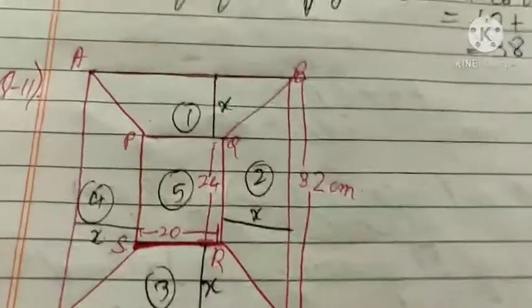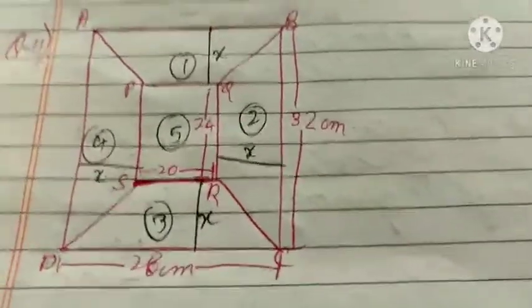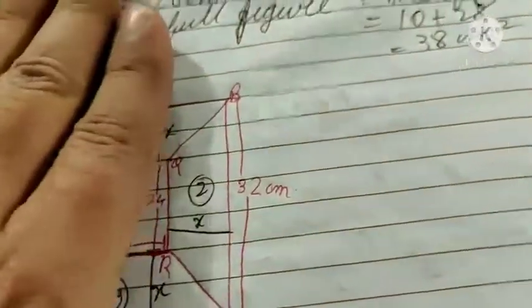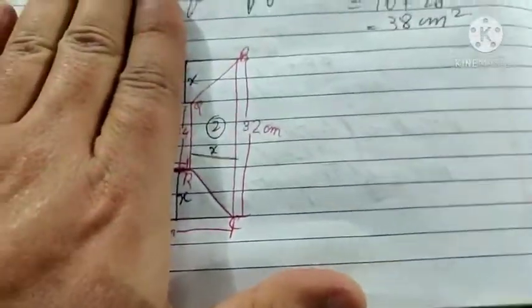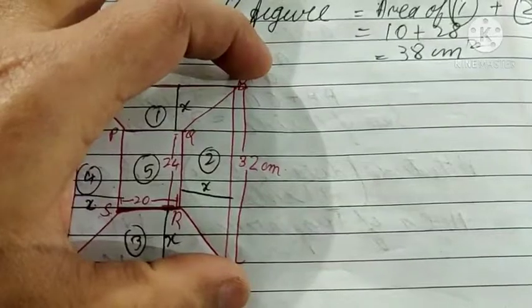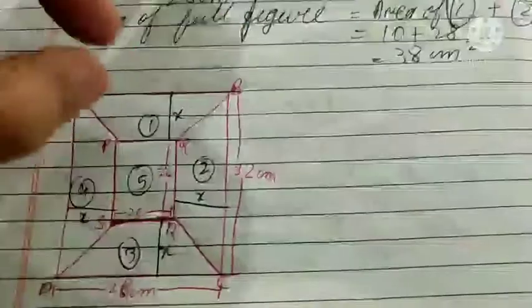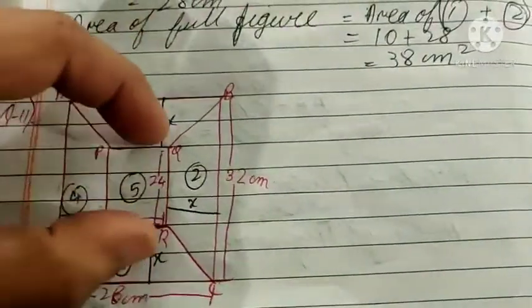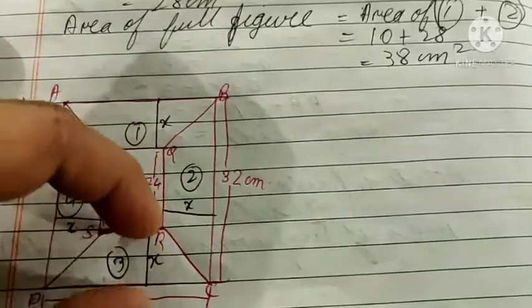Okay. Look, if the thickness is same, then this complete side 32 is divided between 3 sections. This x, then this 24 and this x.